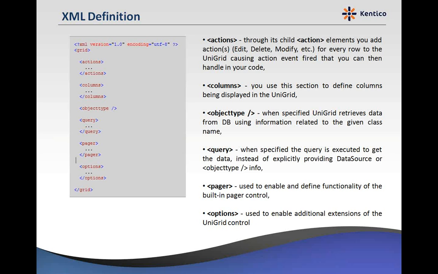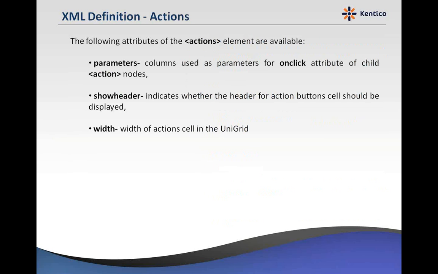So let's start with the first element. This element is the actions element. The actions element accepts three attributes: the parameters attribute, show header attribute, and width attribute. I guess the show header and width are self-explanatory, so we can focus on parameters.